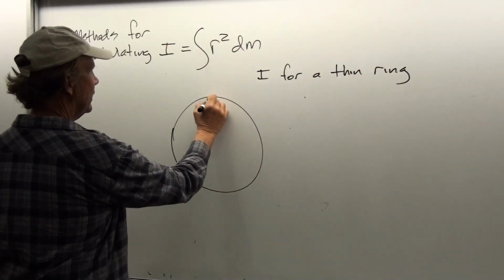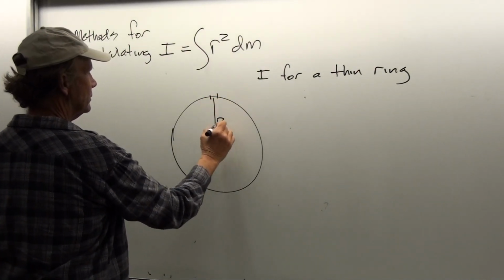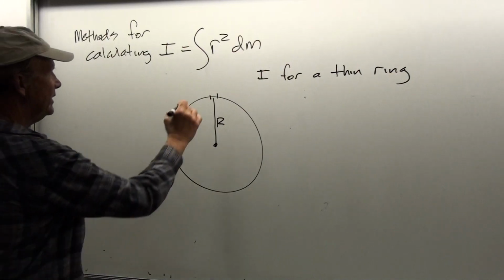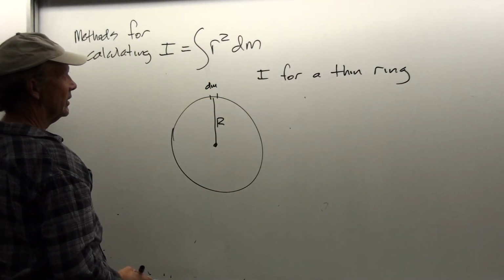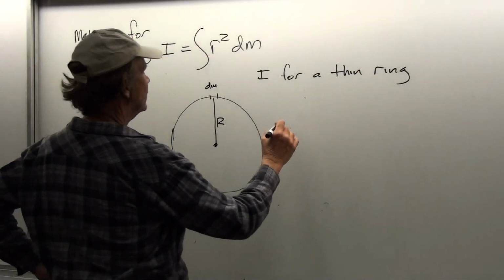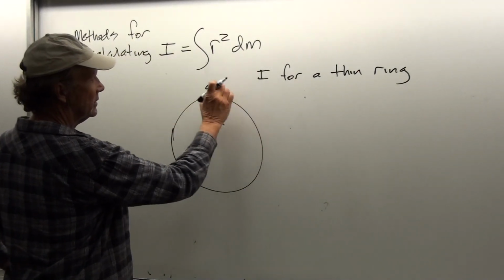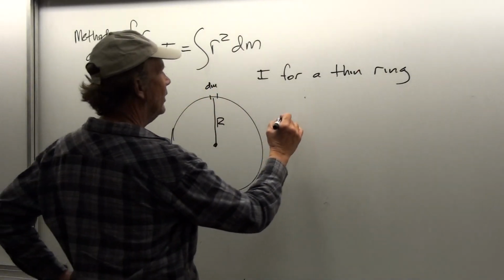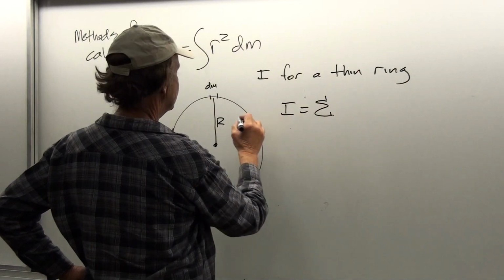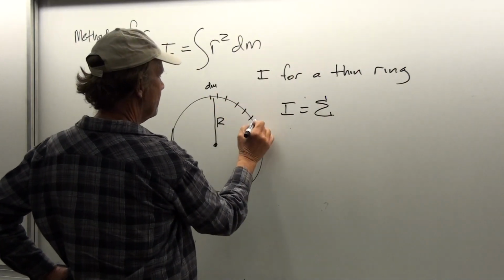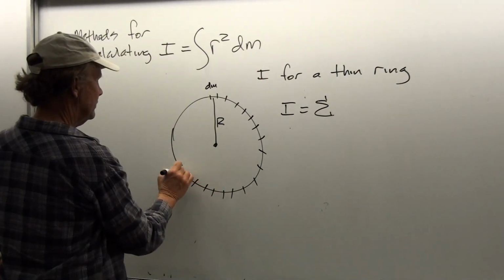With a thin ring, we can break that ring up into little dm elements that are all a distance r away. So if we just broke this up into dm elements that are all a distance r away, then I would be the sum. Let's say we did this n times. So we had n different dm's.